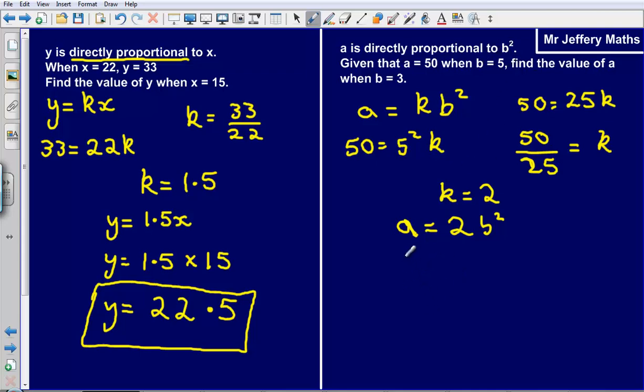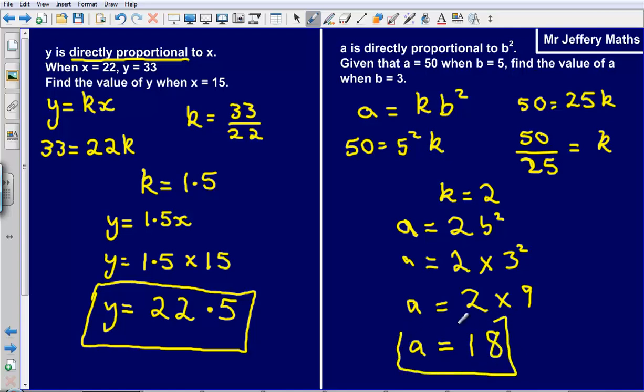Now find the value of a when b equals 3. a is equal to 2 multiplied by 3 squared, which is 9. So we can say that a is equal to 18, and that would be our final answer.